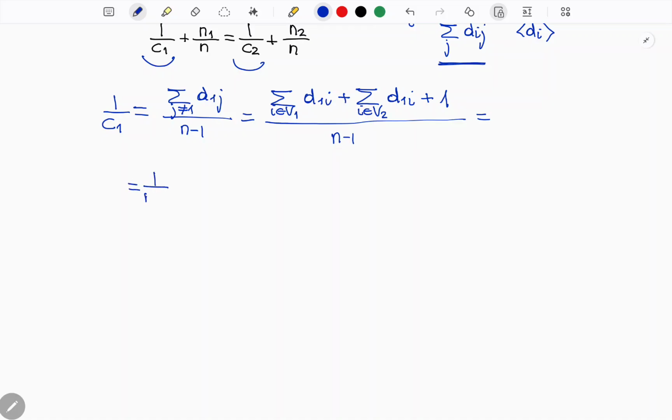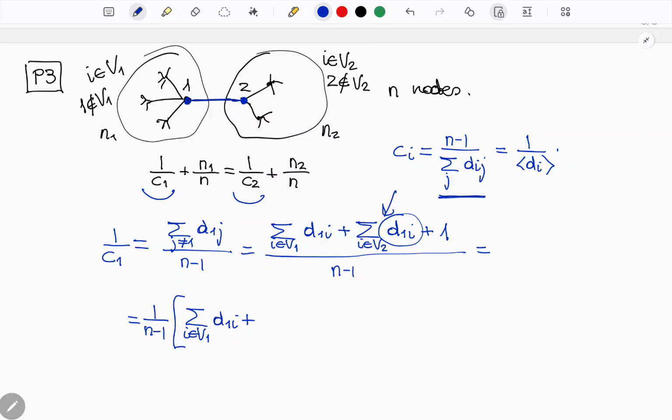So this is 1 over n minus 1, and this part is going to be the same: the nodes that belong to V1, the distances here. But I'm sorry, I forgot, because there is going to be a relation between the distance of every node in this set and node 1, and also of the nodes in this set with respect to node 2.